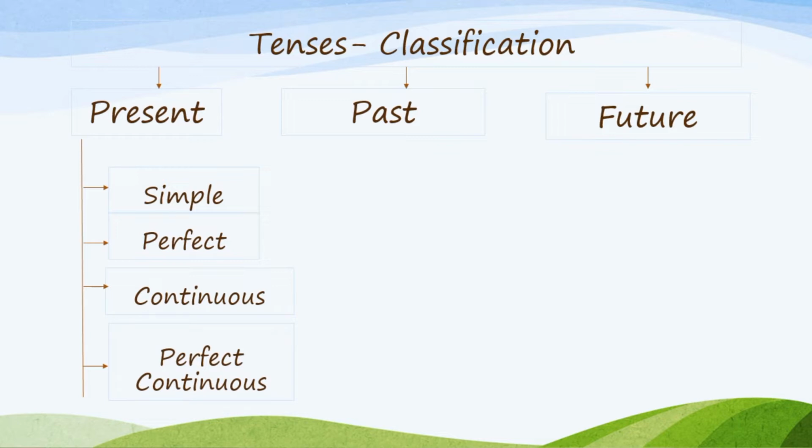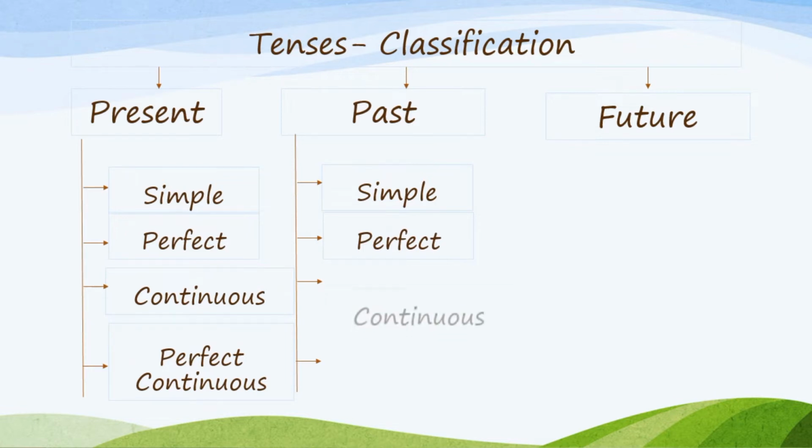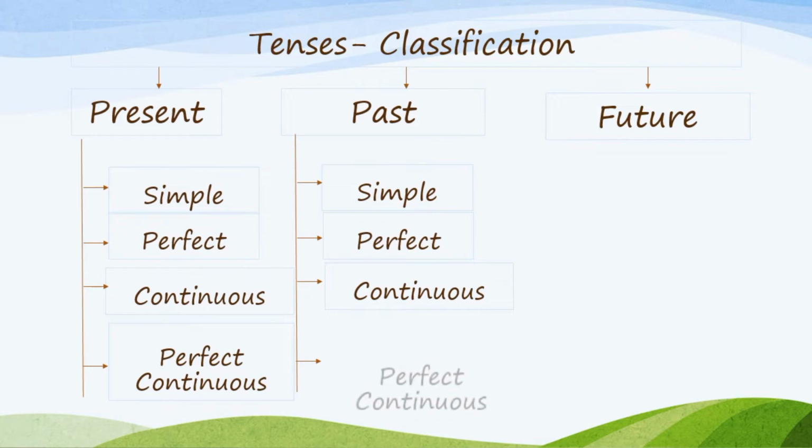Now our next category is past. The past tense is also subcategorized into four forms, which are past simple or past indefinite, past perfect or past complete, past continuous or past progressive, and past perfect continuous.